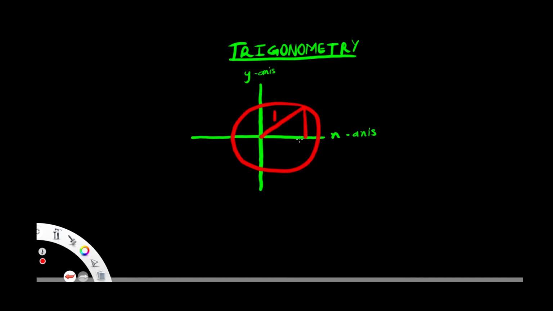This is the perpendicular, and finally this is the base. So we can see we have formed a right angle triangle. Okay, and we can label each respective side, the base with x and the perpendicular with y.